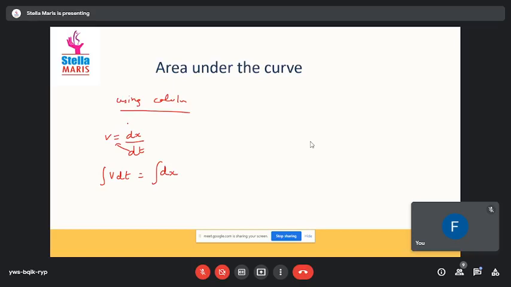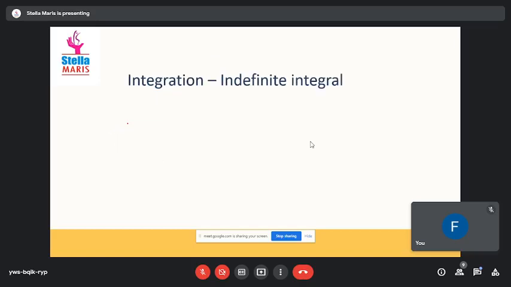No, sir. Okay. So first we'll see integration, then we can come. In school they have taught integration, no? They have completed this chapter or not?